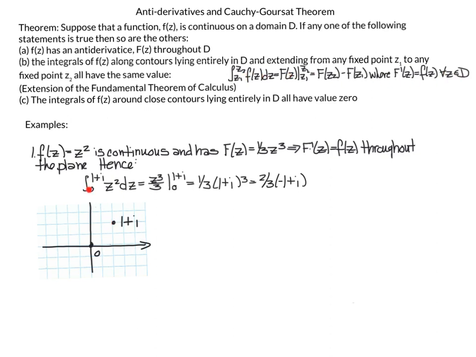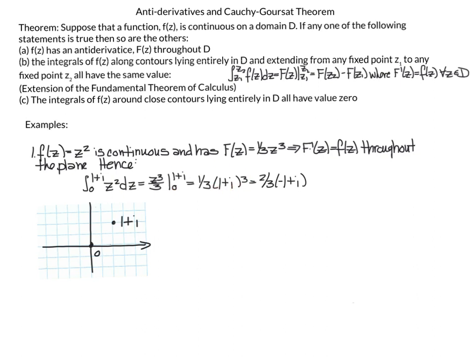So in our example, we're going to integrate from 0 to 1 plus i of f(z), which is z squared, which we said was continuous and has this antiderivative throughout the plane. This is equal to capital F(z), the antiderivative, z cubed over 3, evaluated at 0 and 1 plus i.